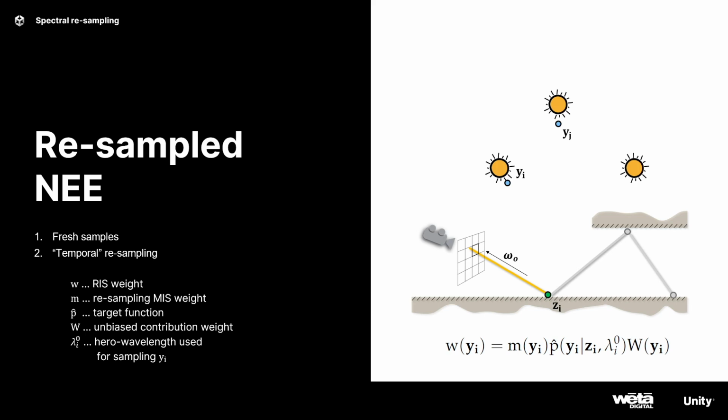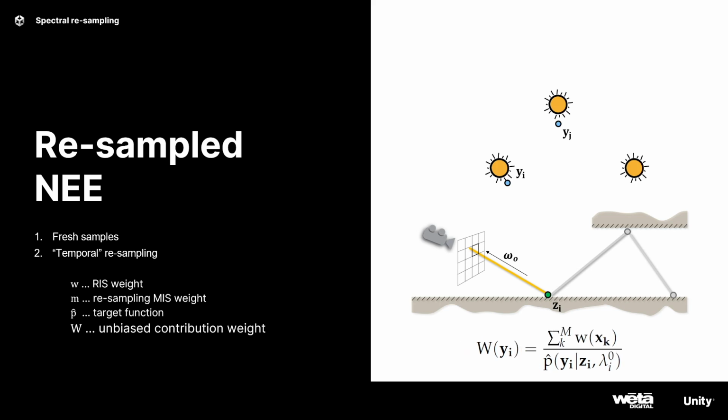Note that again we evaluate the p hat function at the hero wavelength lambda 0, but this time we use the subscript i to depict that it is the hero wavelength that is used in the current iteration for generating the sample yi. The unbiased contribution weight w is computed as a fraction of the sum of resampling weights used for resampling the sample yi and the target function evaluated at the hero wavelength.